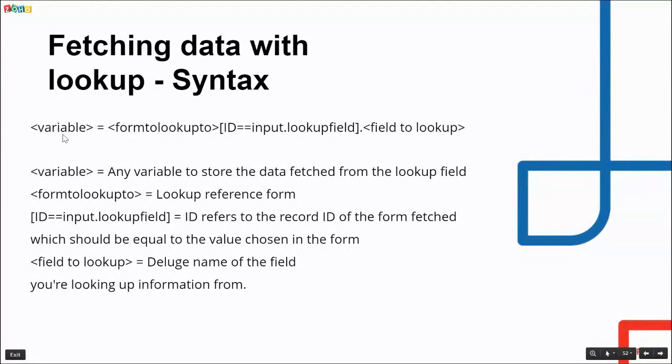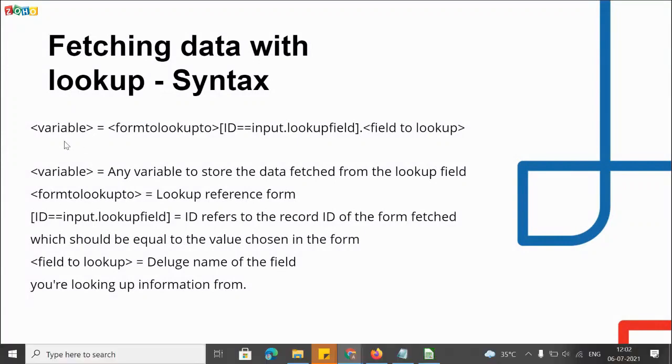So here, variable is equal to form to look up to, and here you're specifying the filter criteria and also the field that you need to look up to. Okay, so I'll just get into the workflow so that you'll be able to understand this better.